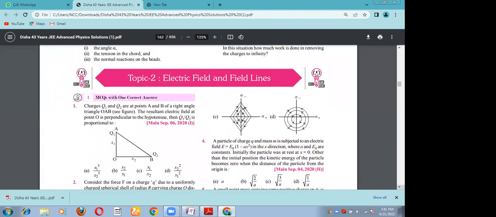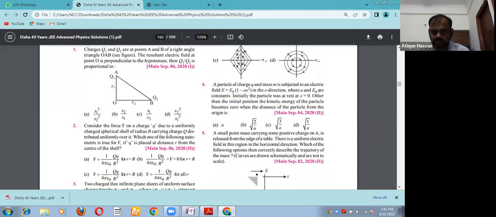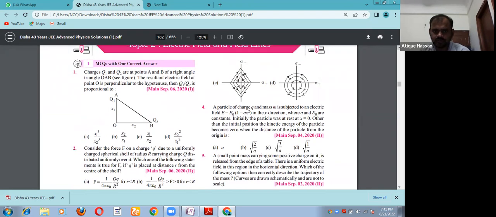Okay, so you have enough time, and if you practice, practice matters. You practice more, you will get more clarity of concept. And Main is not much tough. Main you can easily crack. Some effort is required for Advanced. If you have clear concept and practice, you can crack JEE Main easily.